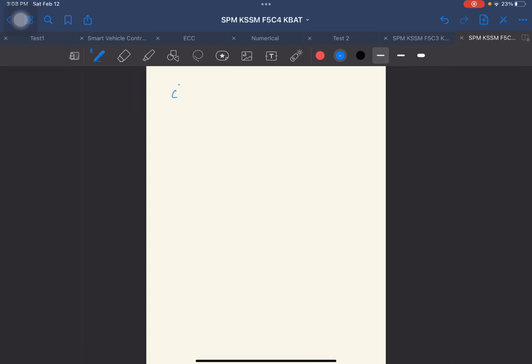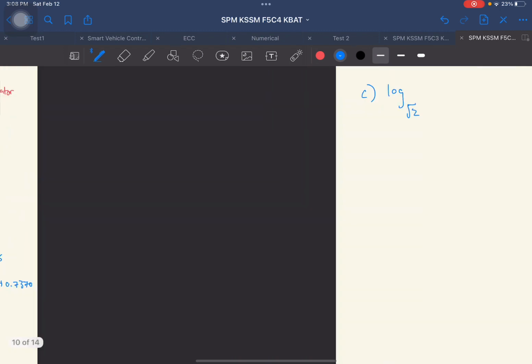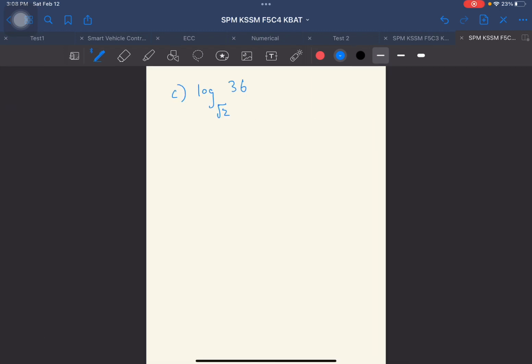And let's move on to the C part. Log 36 base surd 2. Okay, so to calculate this, we need to change the base of the upper and lower part. So let's make it log 36 base 2 divided by log 2 surd 2. So what is surd 2?